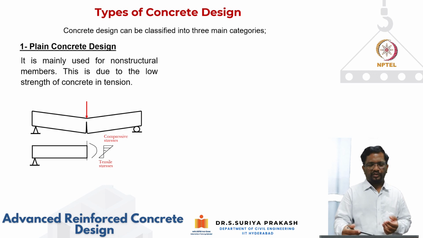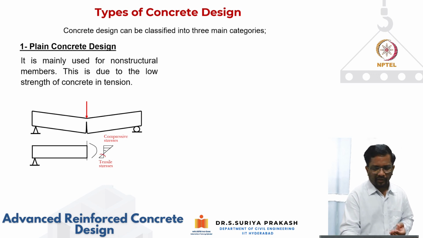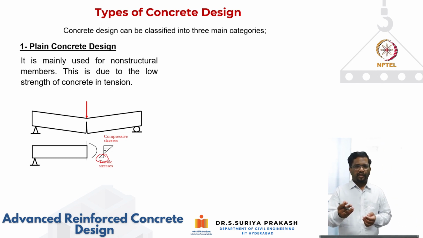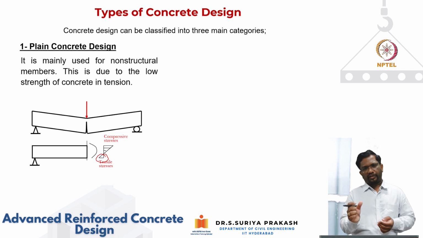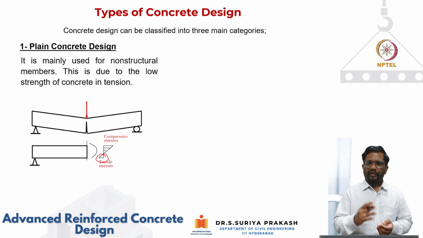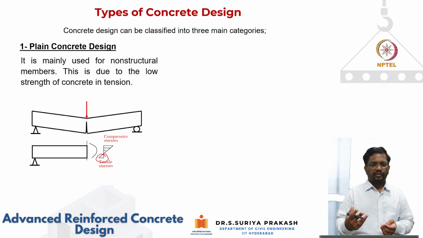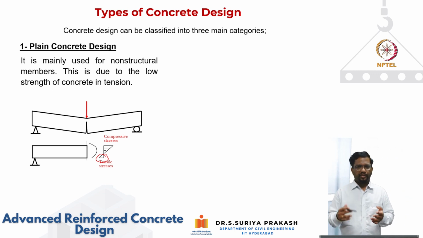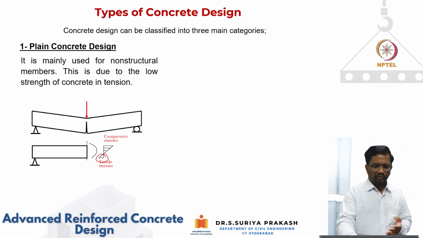When you use such systems, of course, the design will be governed by the tensile strength that we are going to have. And we have seen in the last class, in the introduction, that the tensile strength of concrete usually varies from 8 to 15% depending upon what type of strength you're talking about, either direct tension or flexural tension. In this case, the beam is subjected to a central point load, which is subjected to bending.